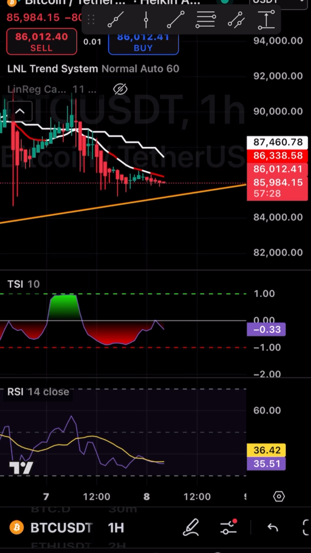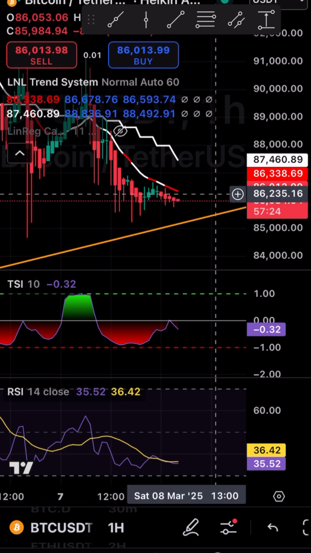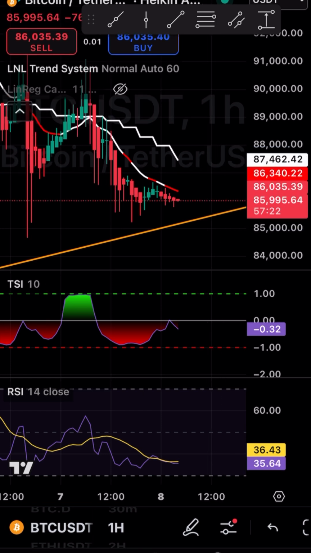So what I'm personally waiting for, I'll enter another test run here when I see these two lines crossing to see how effective it is and how effective the strategy is. So I'll probably make an update video on this strategy. The whole goal of this strategy is to use your LNL trend system and wait. I would do it on the hour and wait for crosses.